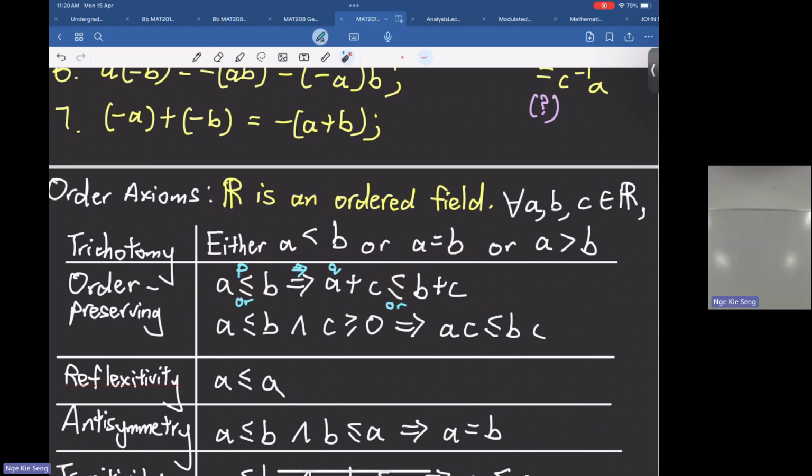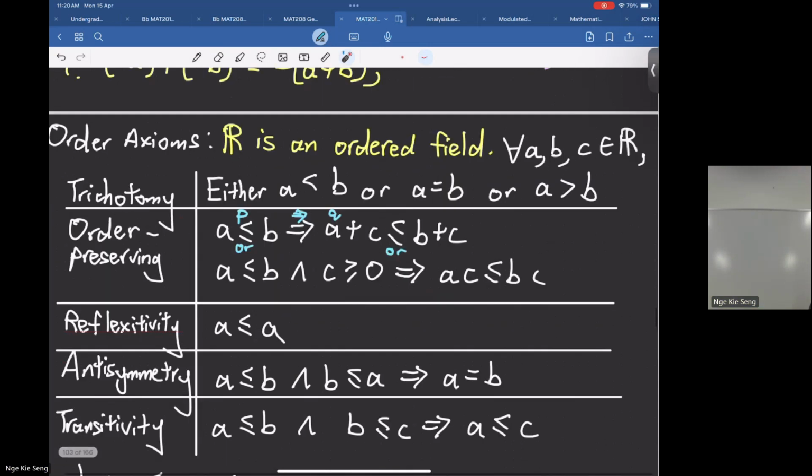Remember? So you really get the whole statement less than or equal to. We don't know which one is true, because for the whole statement to be true, either one of the or parts is true.